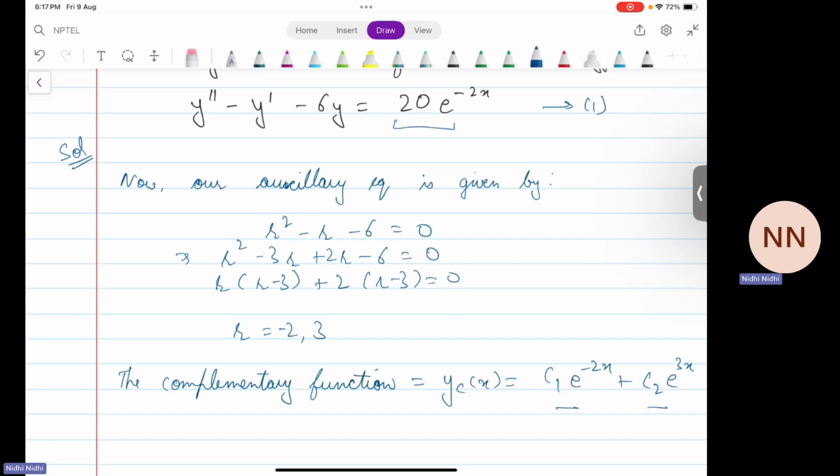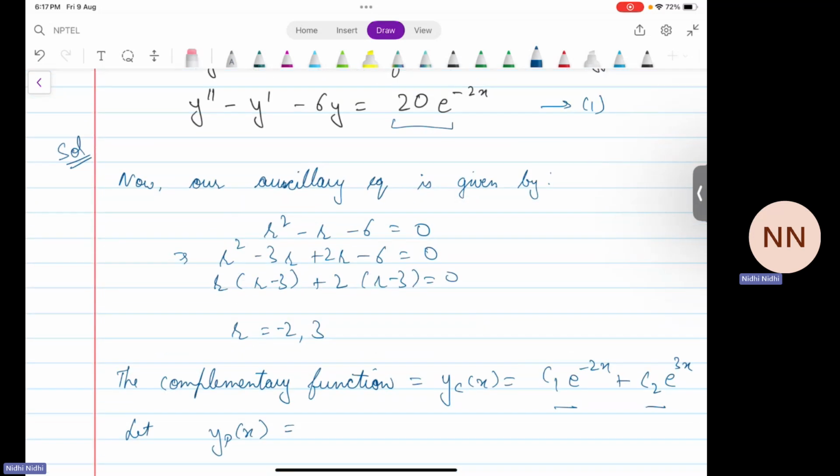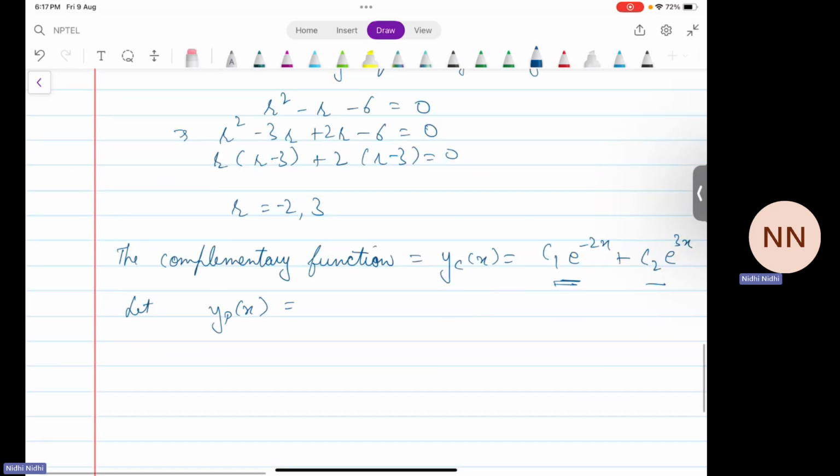We'll consider, let y_p(x). Now what is the nonlinearity? E to the power minus 2x. We know that e to the power minus 2x is already here. We want something which is linearly independent. So we'll take y_p(x) to be some constant A times x e to the power minus 2x.